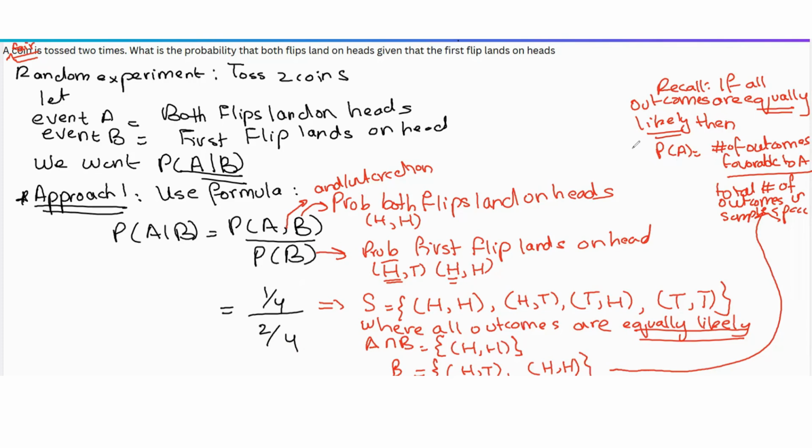And keep in mind this only applies when all outcomes are equally likely. That was true here because we had a fair coin. Once you simplify, this just turns out to be 1 by 2. So this is approach 1.